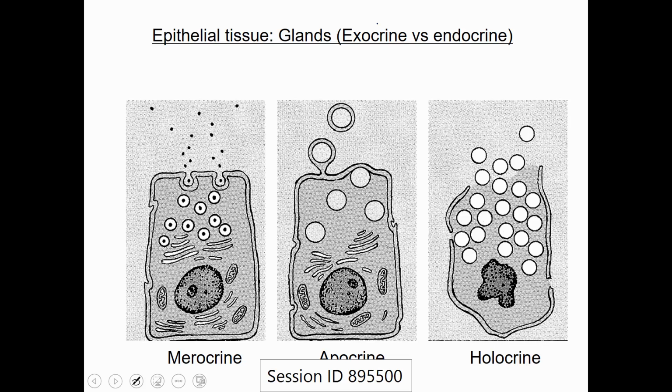In contrast, in apocrine secretion the product is formed in the cytoplasm, like a lipid product, and is released into the lumen with a portion of the plasma membrane. So the membrane pinches off with that product. That's called apocrine.